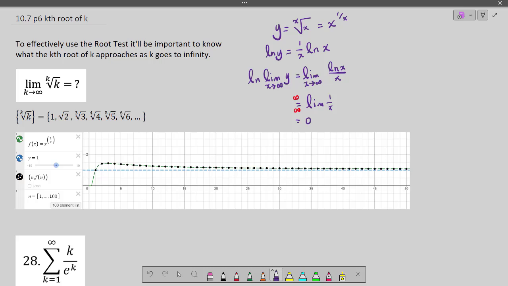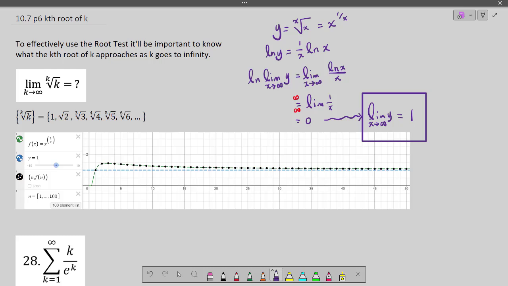So therefore, on the left we have this natural log. We're trying to get down to just the limit of y. So what do we do to both sides? If we want to move this natural log, what do we end up with? Raise both to the e. So we exponentiate, and we get a 1. And so that's our limit. So the limit of this is, in fact, 1.